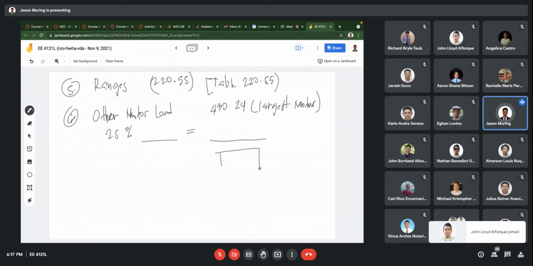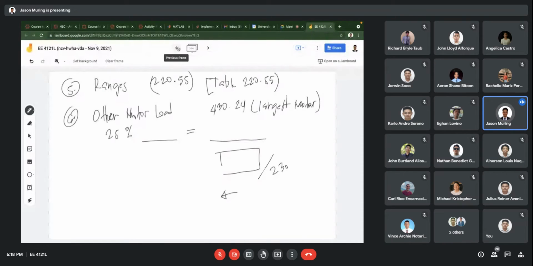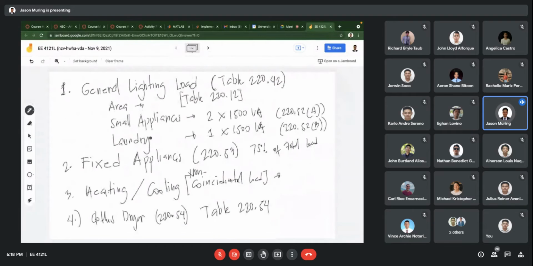You just divide this total demand by 230 since this is our nominal voltage. This gives us the current, which we can use to calculate the conductor size, the tube size, and also the protection size. So this is the general requirement for dwelling unit calculation.